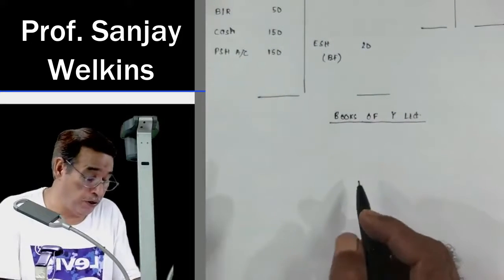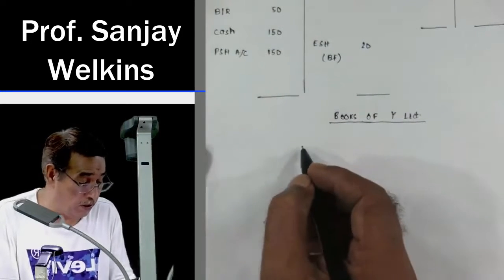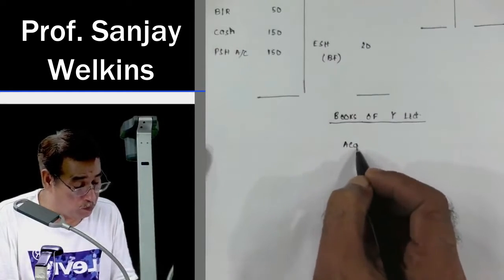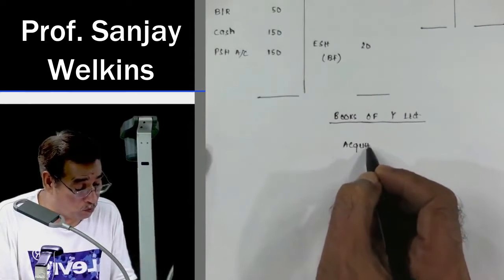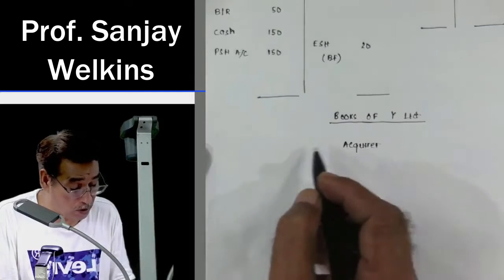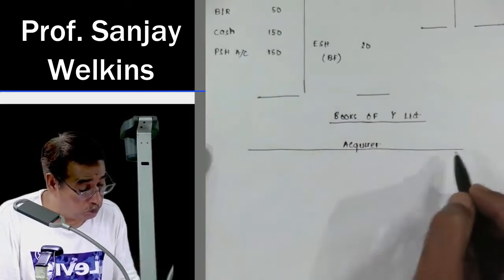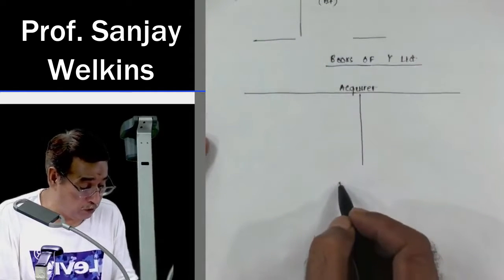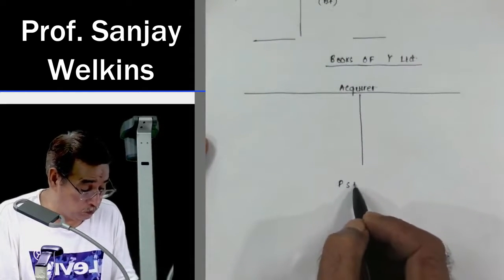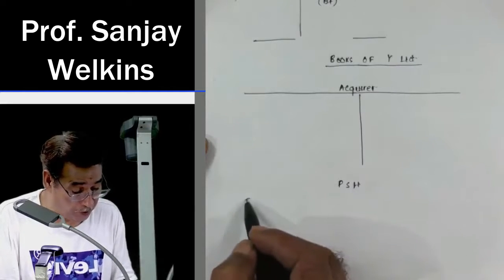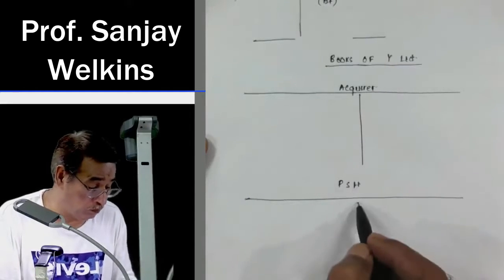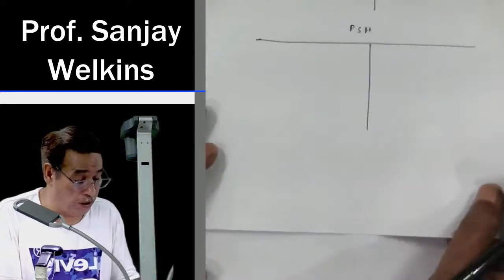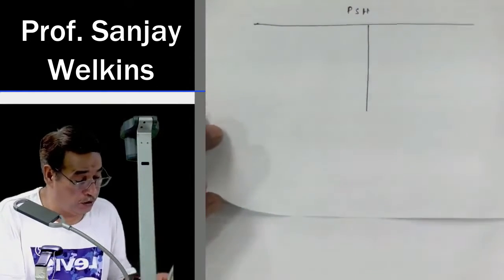When you are going to prepare accounts in the books of Y Limited, you will write here acquirer. Besides acquirer, you will have to prepare preference shareholder account, and then you will prepare realization account. Okay, I will prepare in the next sheet.